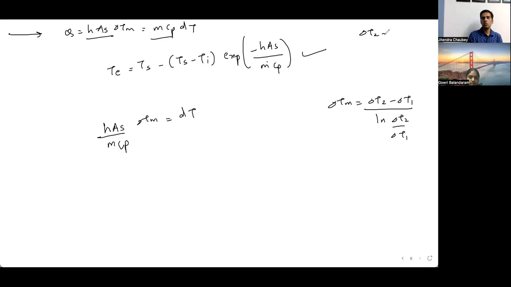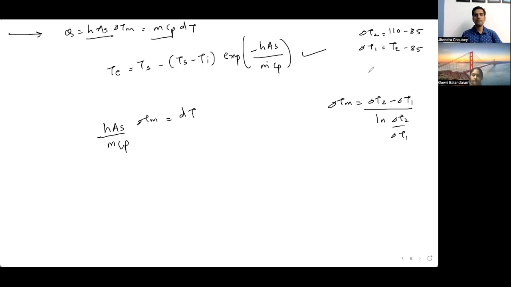Delta T2 would be, what are the temperatures given? 110 and 85, no? Yeah, 110 and 85. You can take this as 110 minus 85, and delta T1 can be taken as T outlet or T exit minus 85, right?